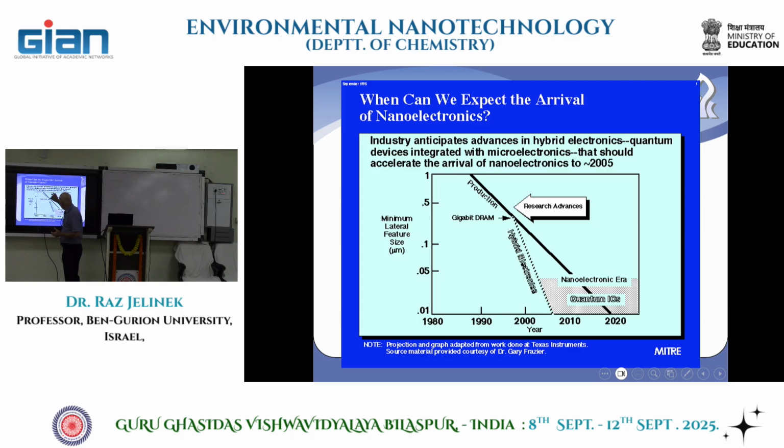This is actually, I took from an article that appeared in about 1998. It's an old article. This article talks about how chips are going to get smaller and smaller. So this is according to the prediction.